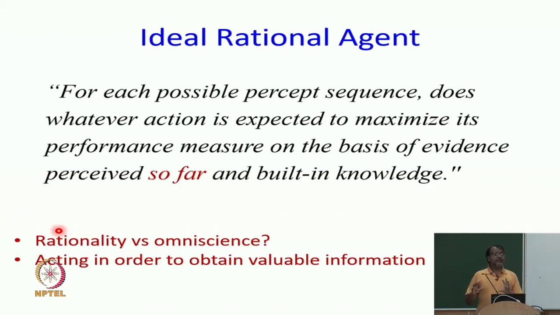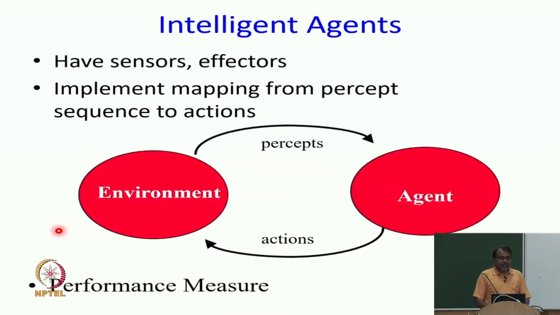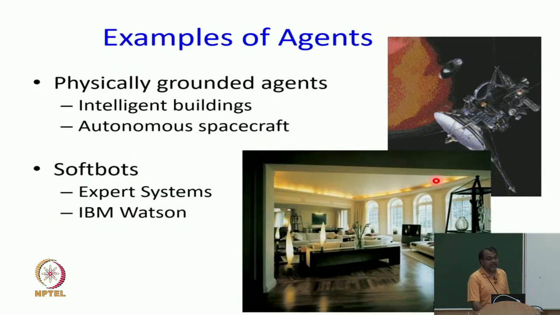So, in this definition of AI, the idea that AI is an agent in an environment, observing the environment and acting in the environment, is central. This observing will happen through its sensors, through the percepts, and the actions will be taken through its actuators.